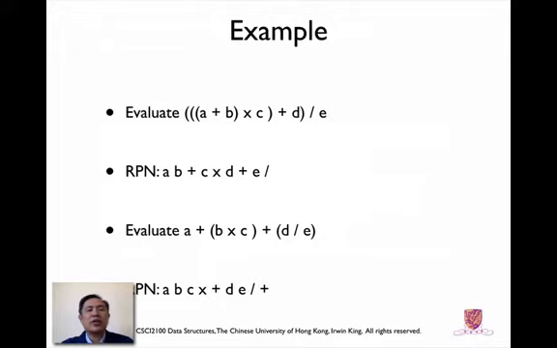So at the end of the evaluation of a mathematical expression, you would have the final value on the top of the stack. And this is how a stack can help to evaluate what we call reverse Polish notation.